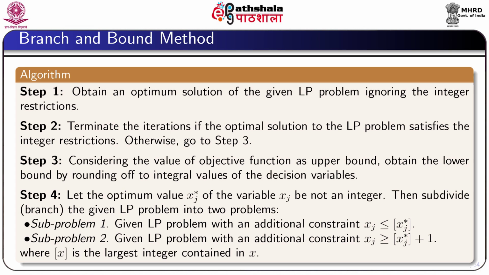In subproblem 1, we consider the given LP problem with an additional constraint xj less than or equal to the greatest integer contained in xj*. In subproblem 2, we consider the given LP problem with an additional constraint xj greater than or equal to the greatest integer contained in xj* plus 1.